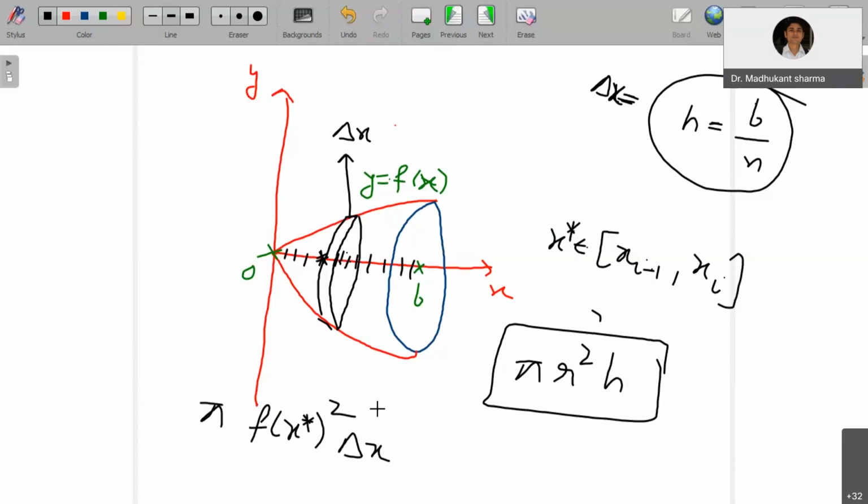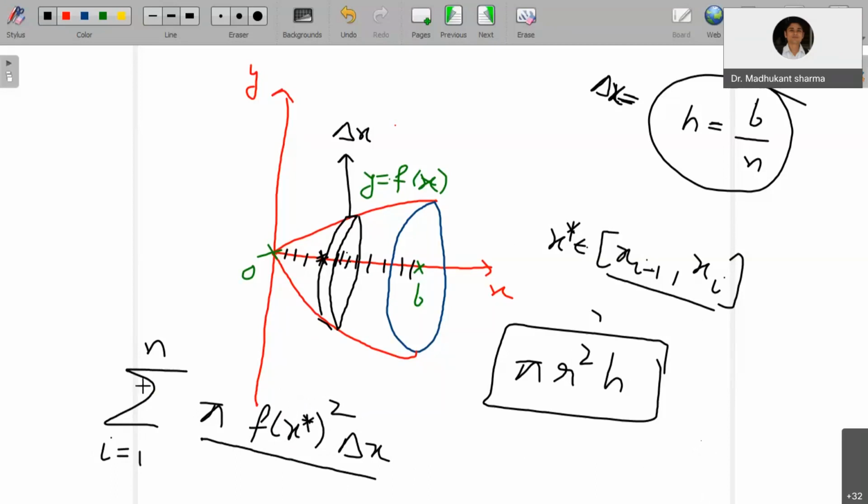This will give you the volume of this slice. Now you take the summation over i equals 1 to n, so every slice will have a volume of this type over the interval x i minus 1 to x i.